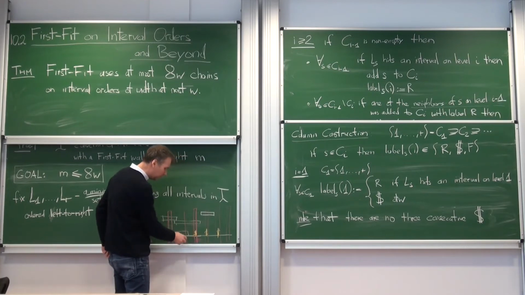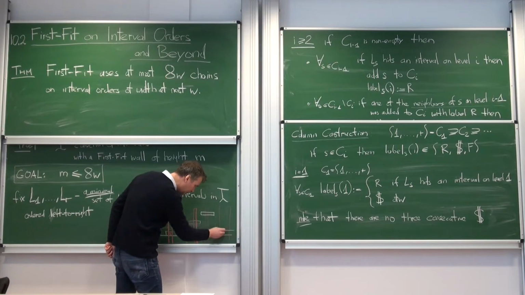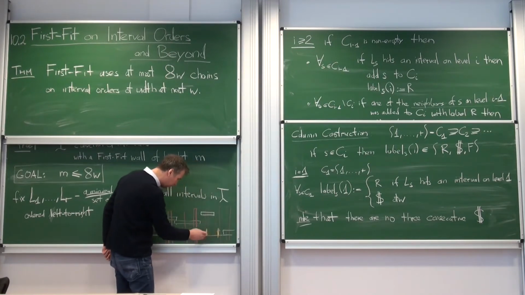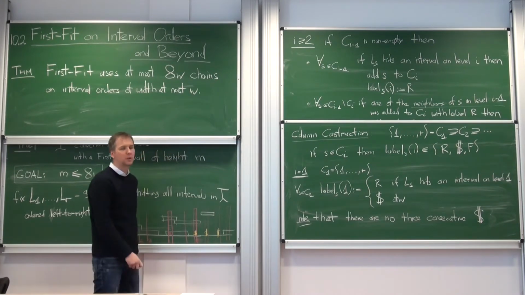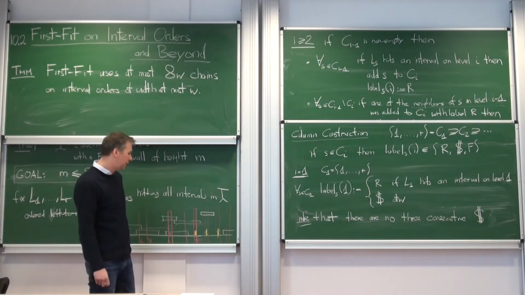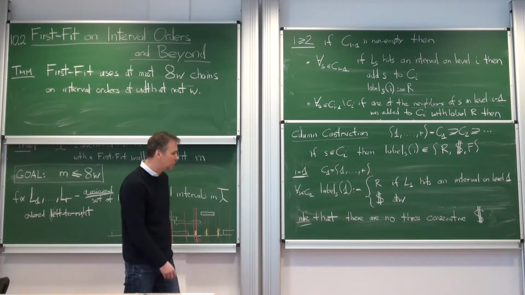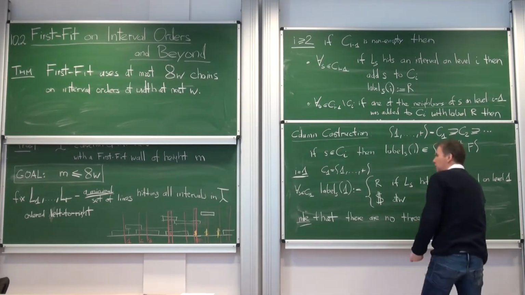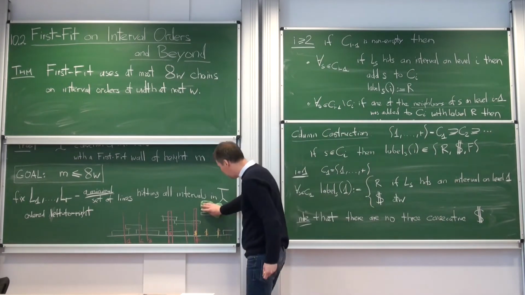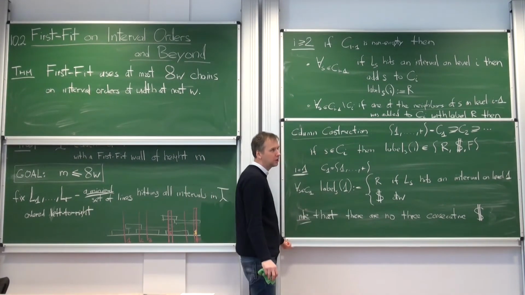Bricks of level 1 also have to be pierced by the red line. So it could be here, but it cannot extend here, and from this side it cannot extend here. So this one is not supported by a first level brick, so it's not a first fit wall. This way we proved there are no three consecutive $ signs. Okay, let's move on and see how the columns grow.